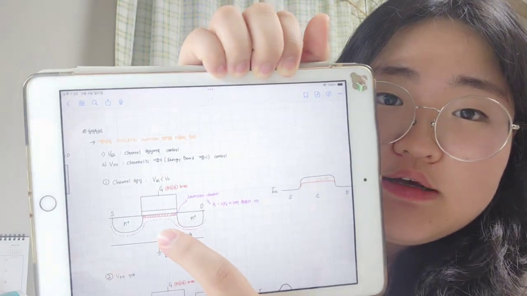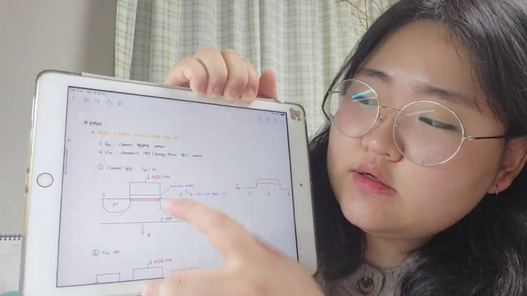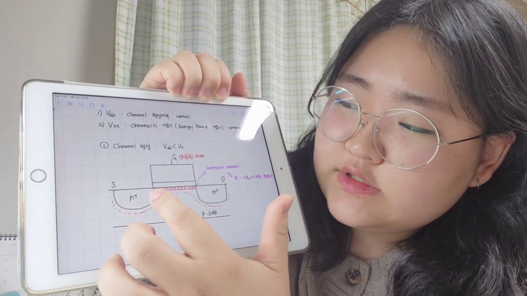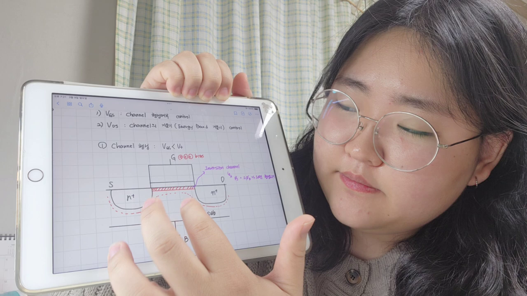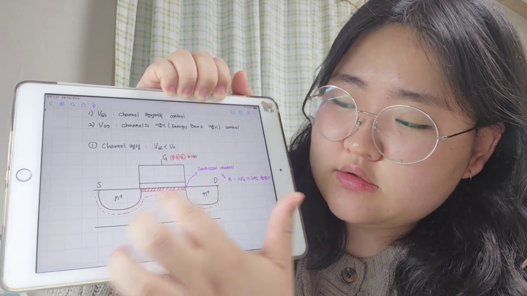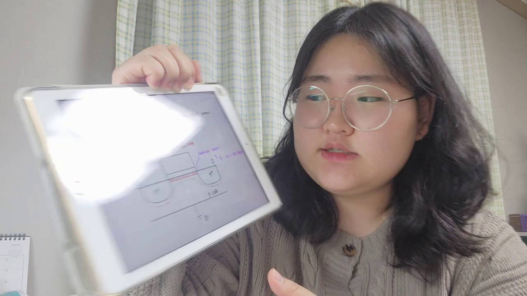When we apply a positive bias on the gate of the P-type substrate, we can make a channel like this, because the positive bias pulls the electrons in the substrate.